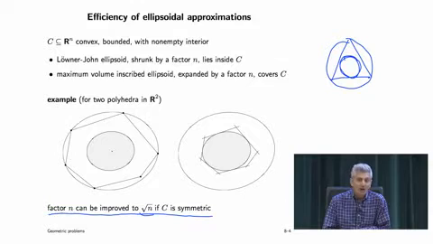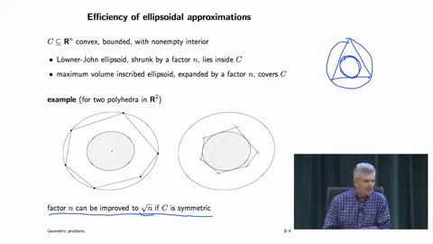Any norm on R^n can be approximated by a quadratic norm within a factor of n to the 1/4. Okay? And that's interesting, right? Because it says that any norm, and there are some very sophisticated norms, right? It says that every single one is approximable within n to the 1/4 by a quadratic one, right?